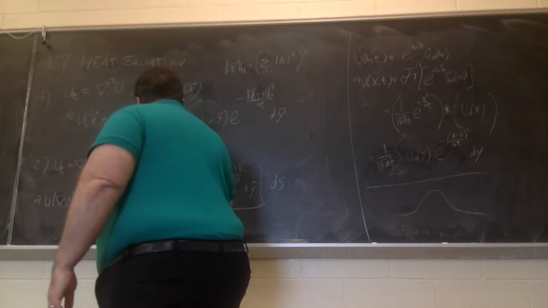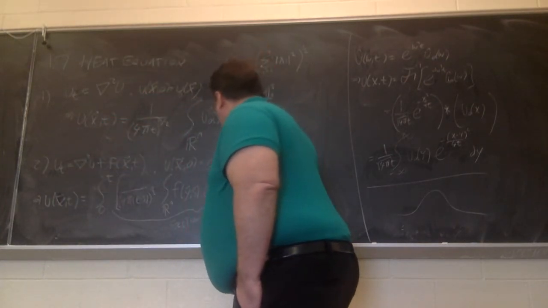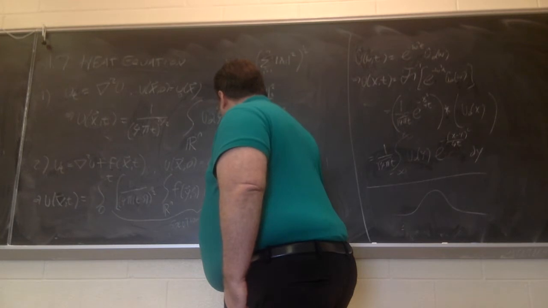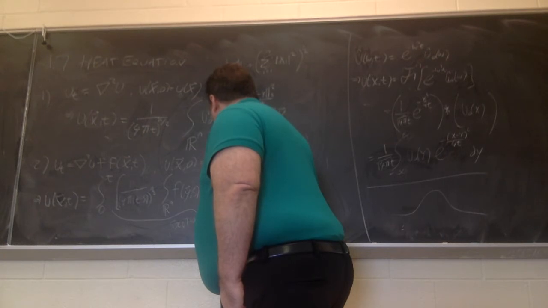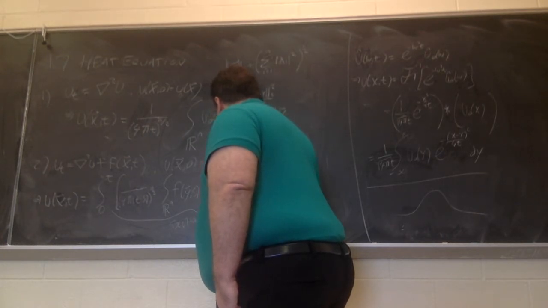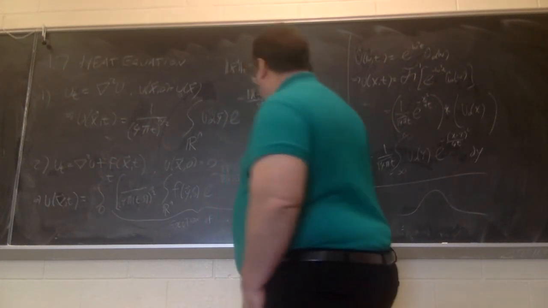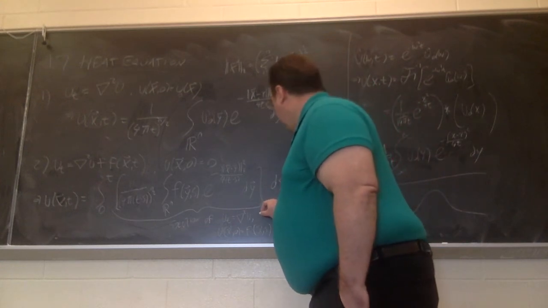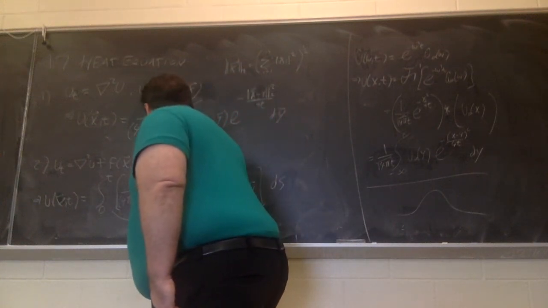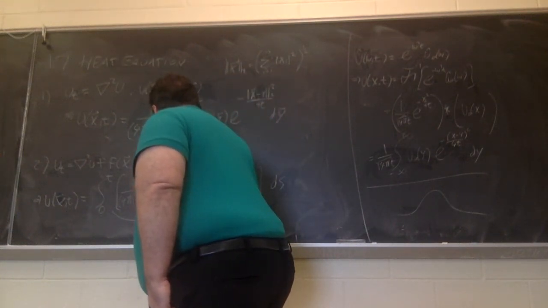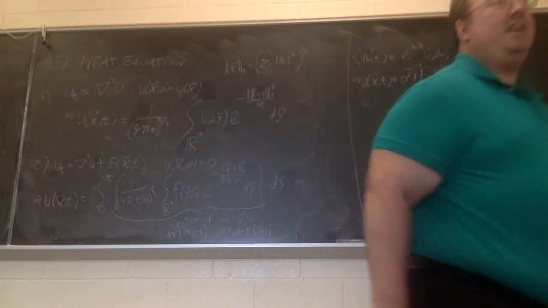So this is a solution of the homogeneous heat equation with initial data is your source term evaluated at some time s, but the solution is evaluated at time t minus s.